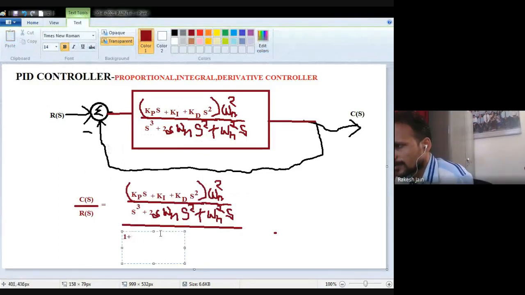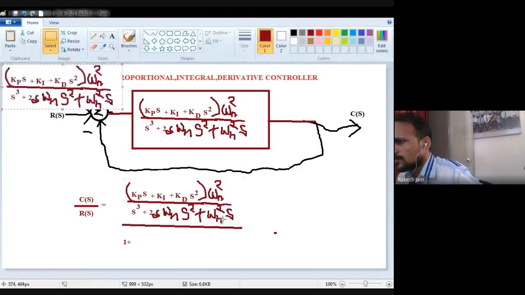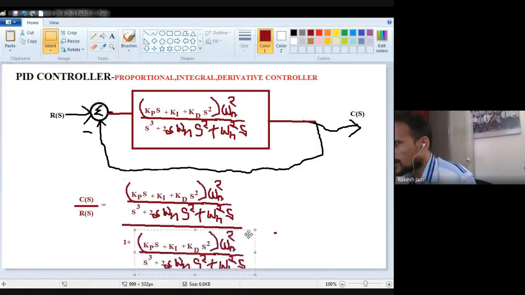The numerator term is the forward gain, so I just use this one, multiplied by feedback, which is 1 only.